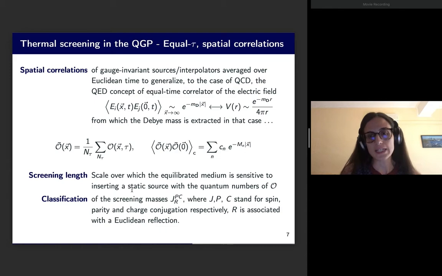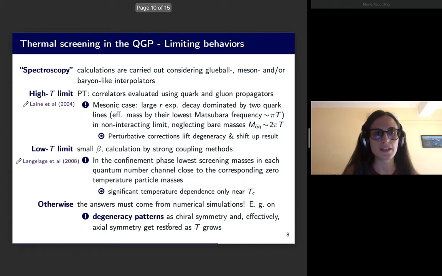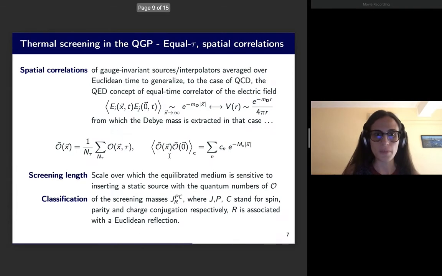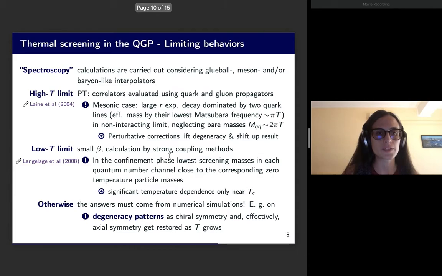Then one can think of a classification of screening masses where J, P, and C stand for spin, parity, and charge conjugation respectively, and R is associated with a Euclidean reflection. And one can literally do spectroscopy. So calculations are carried out considering glueball, meson, and/or baryon-like interpolators, and one gets to know about these spatial correlators, these equal time correlators.